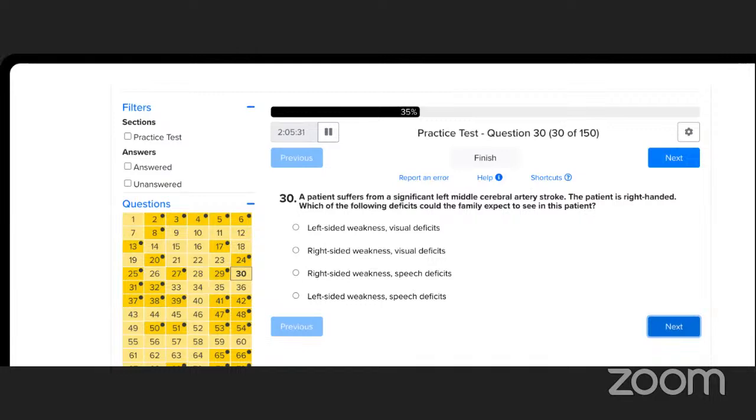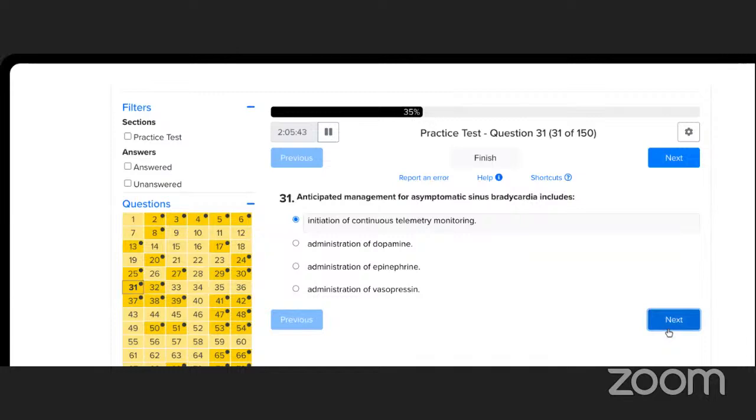So left middle, the right side is gonna be weak, but is it the speech or is it the visual? So I'm gonna answer it like this, but we'll get more understanding when we look at the answers. Okay.